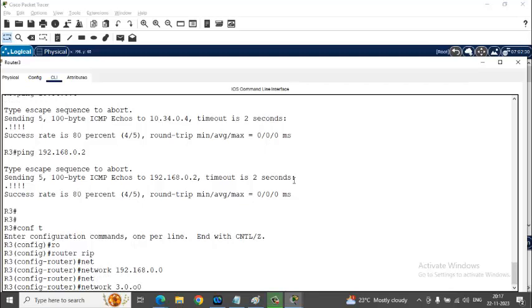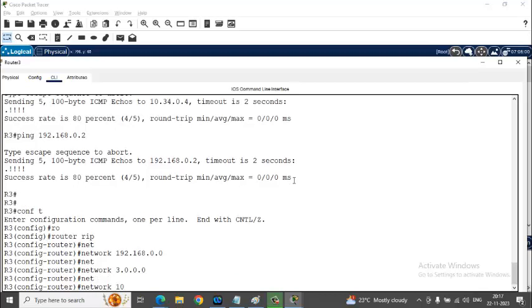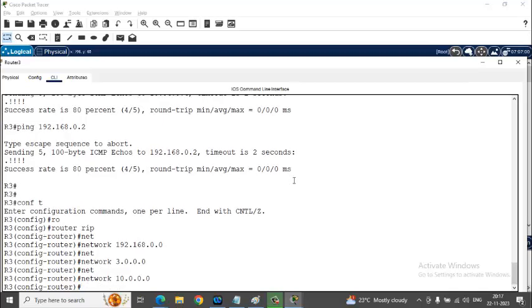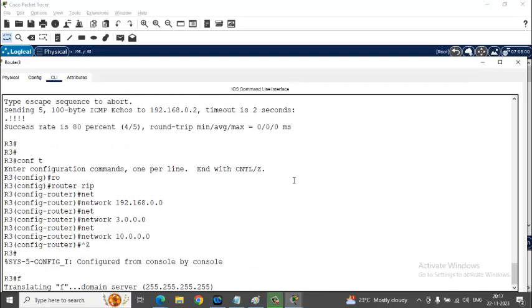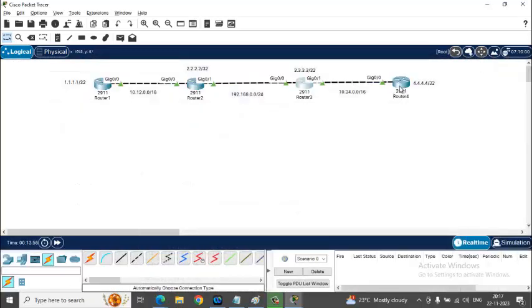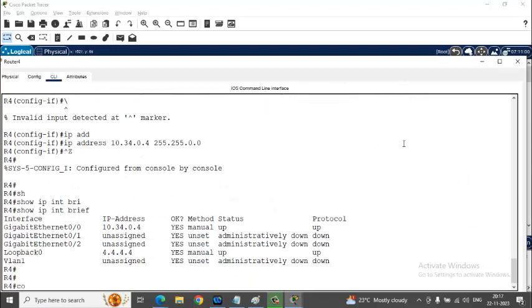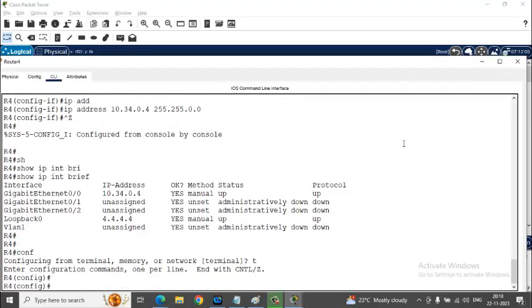What is next? I'm expecting on router 1 show IP route. I'm learning 10 here, but using RIP we are learning 10 dot. Not advertising periodically what are the networks we have, right?